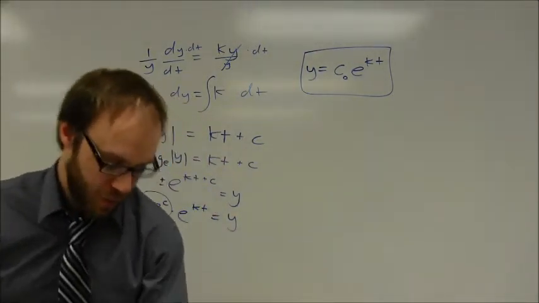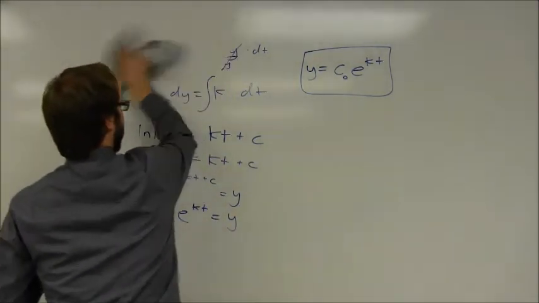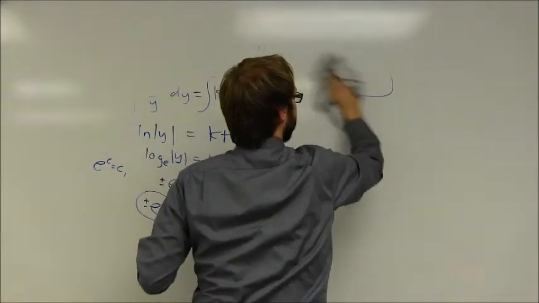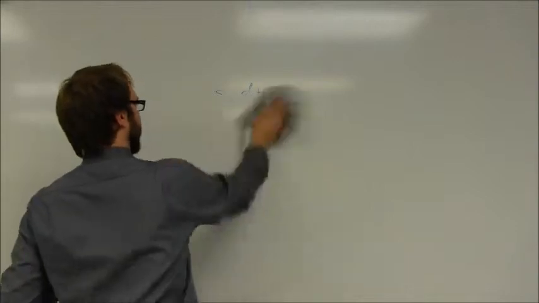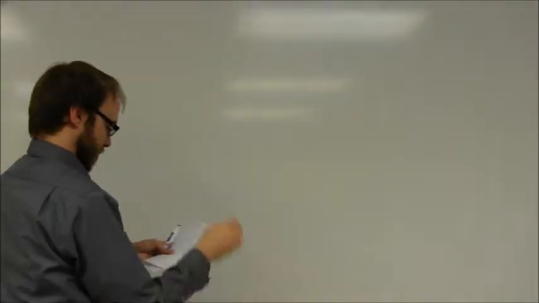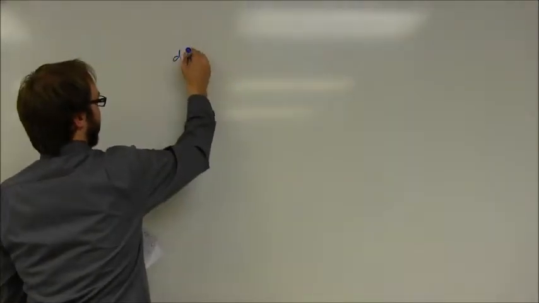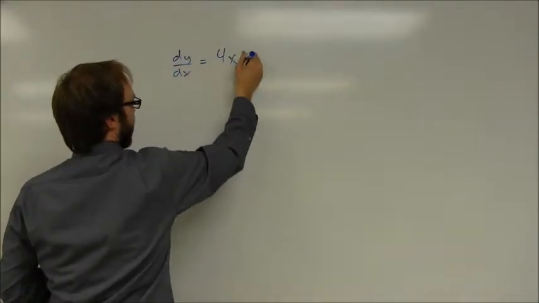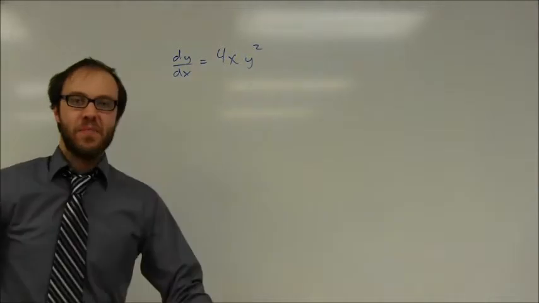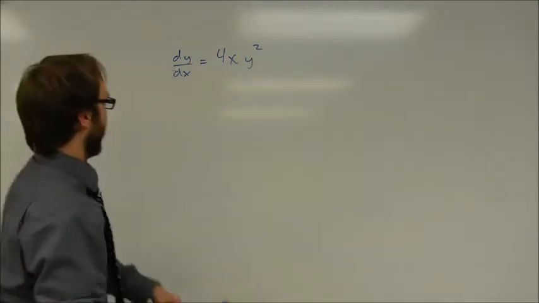Okay? Let me go through one more example here just to kind of run the gamut of types of things that could be asked. The final situation here I'm going to give you in this set of problems is dy dx equals 4xy squared. Same kind of thing as before. I've got to separate my variables.